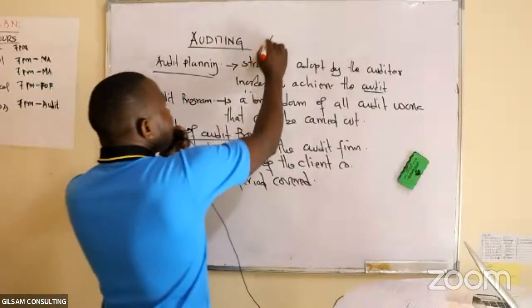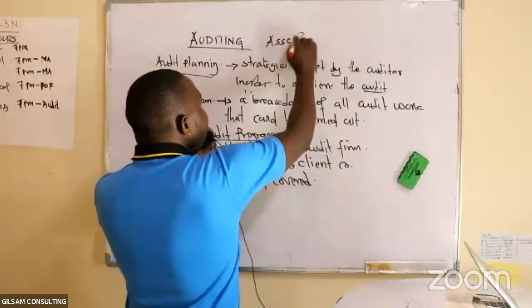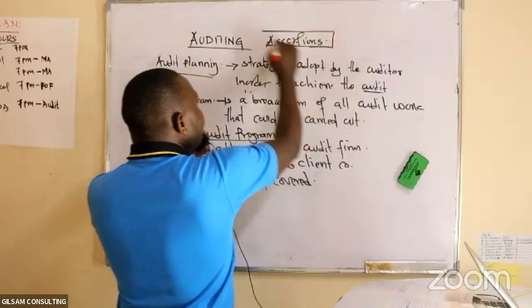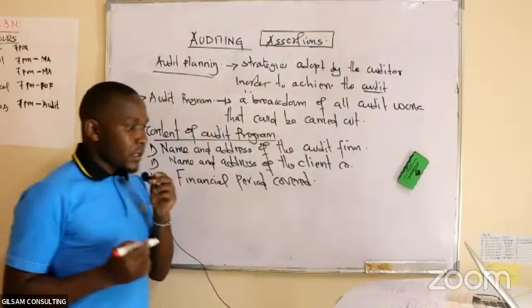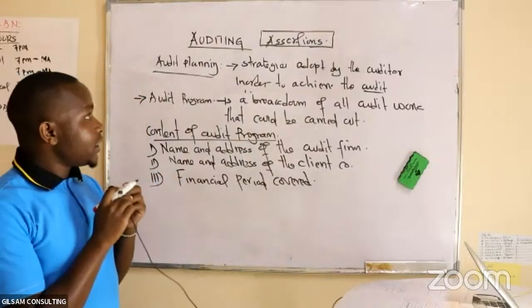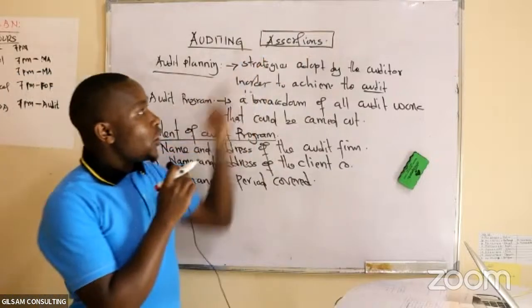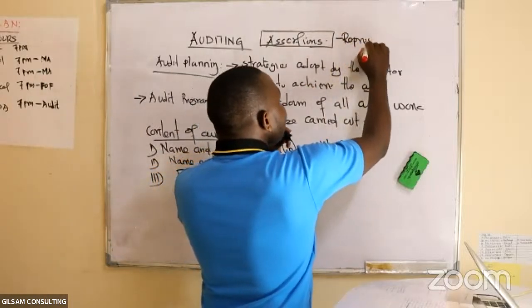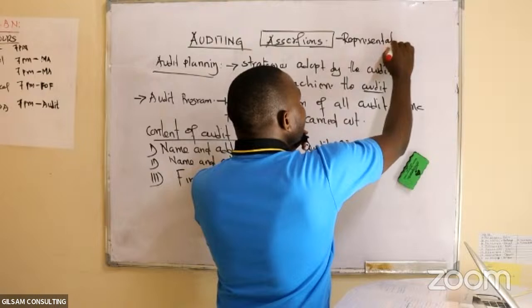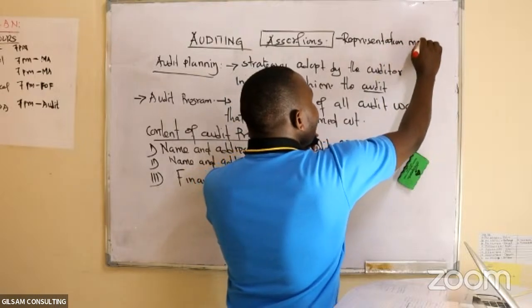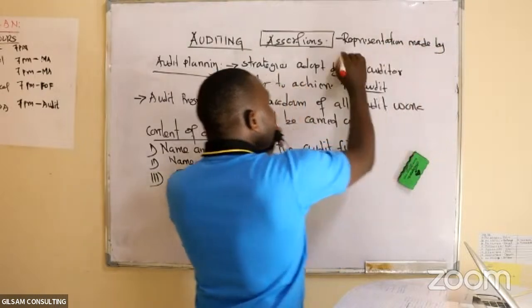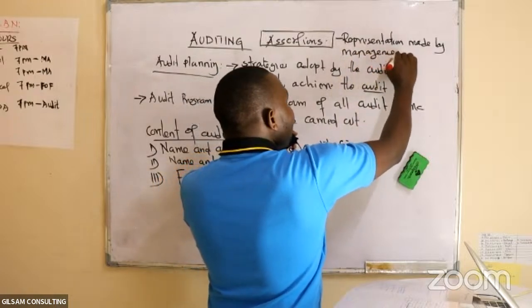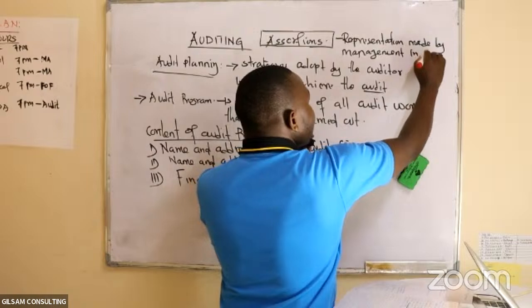So what is an assertion in audit? An assertion in audit is the representation made by management in the financial statement.